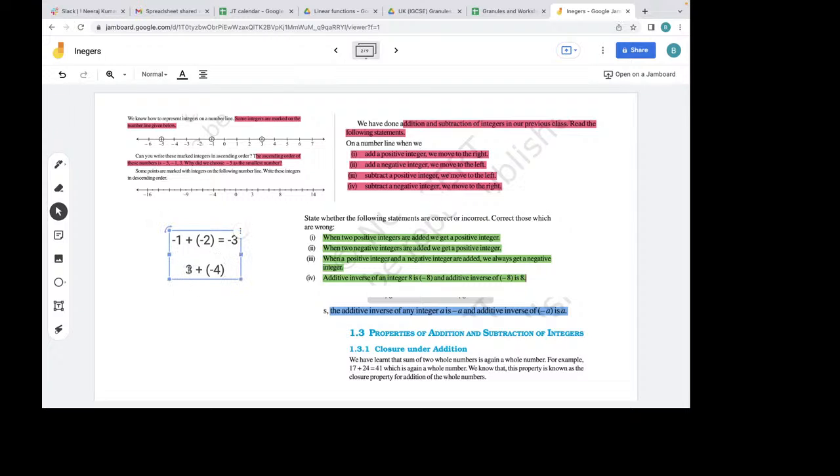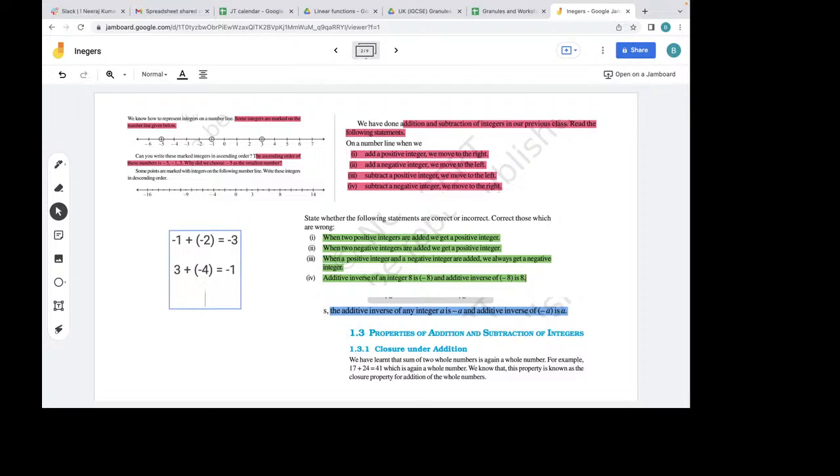Since I am adding a positive integer, I have to move to the right. So I am going to take 3 jumps from -4 to the right. 1, 2, 3. I got -1. Okay, that's a negative integer.